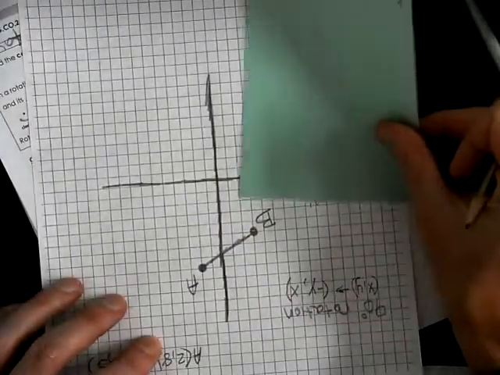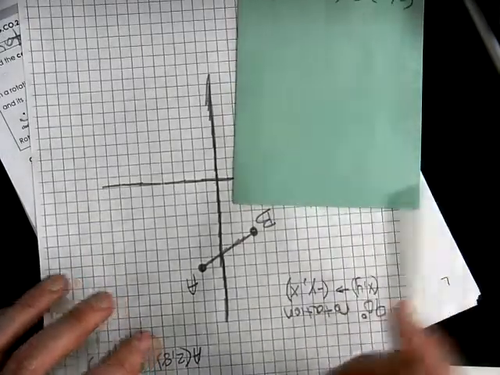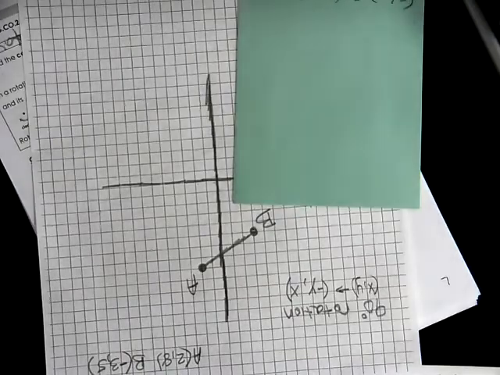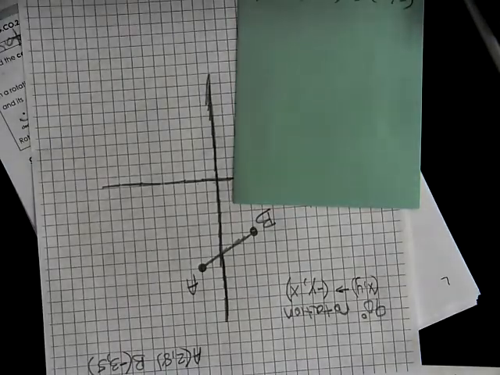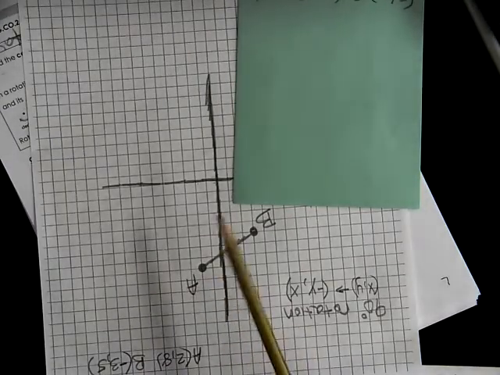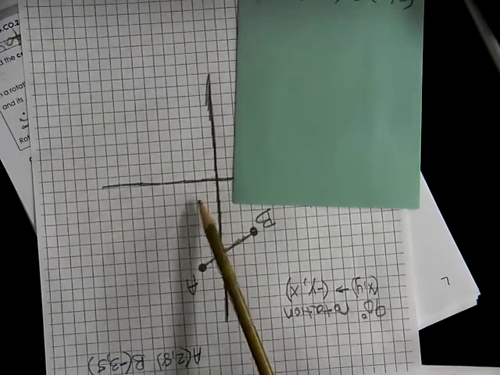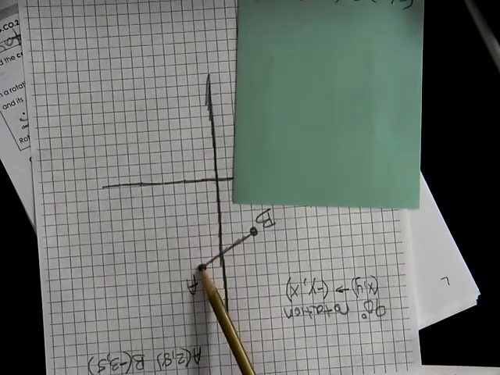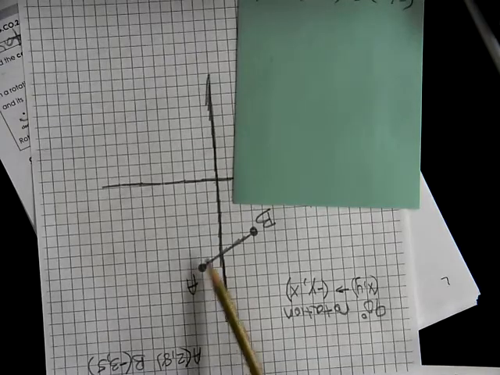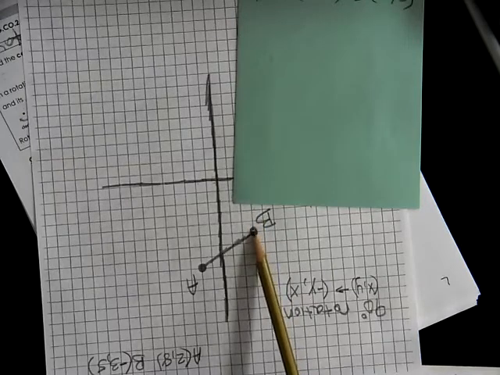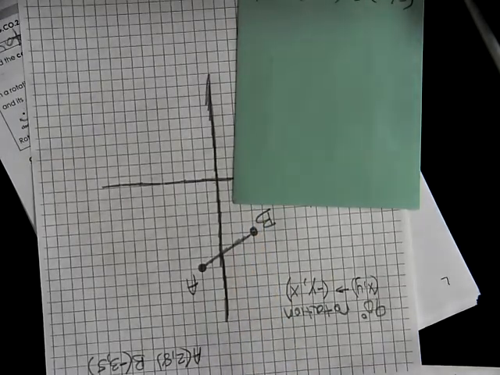Let's not look at that picture, but let's look down here at this picture. What are our coordinates going to be? 2 to the left and 8 down. 3 to the right and 5 down. So we have our new points.